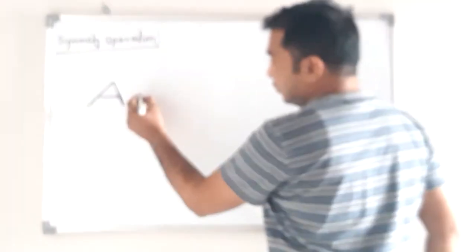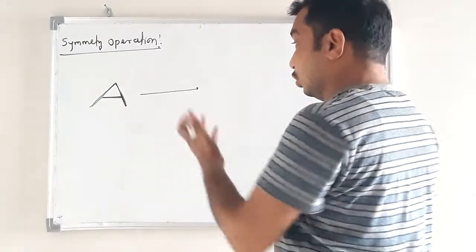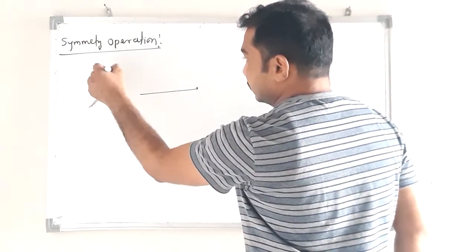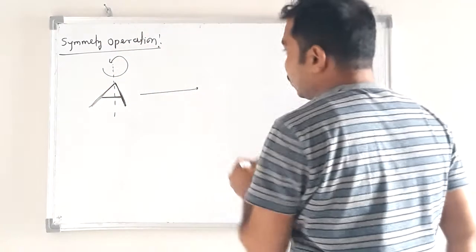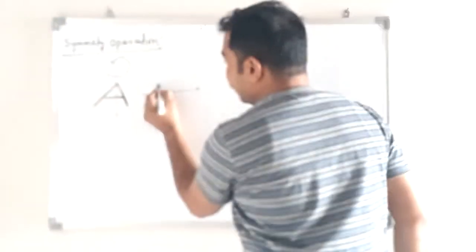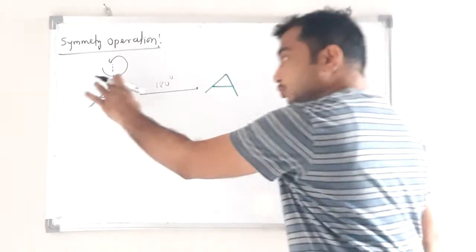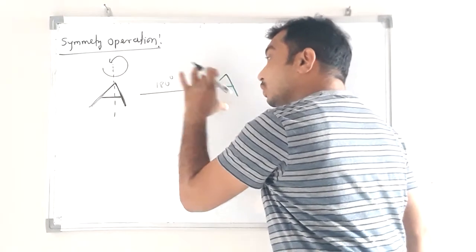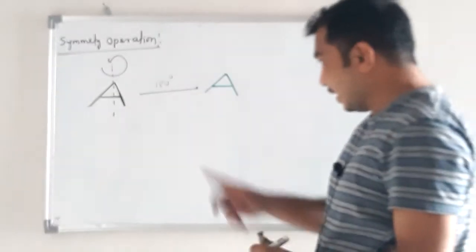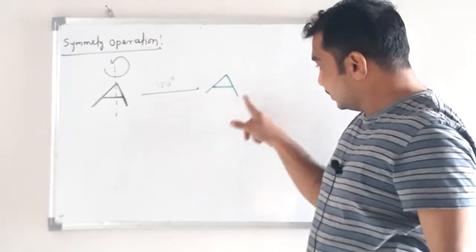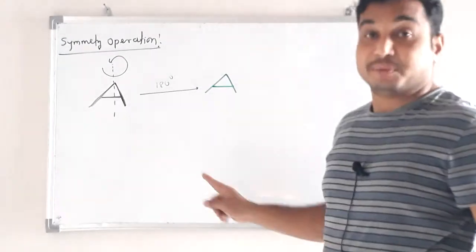Then rotate it through this axis. Then what we get? Suppose 180 degrees. If we rotate through 180 degrees, then what we get? Same. Means these two symbols are superimposable. After rotation, this A and this A are same or different? Same.